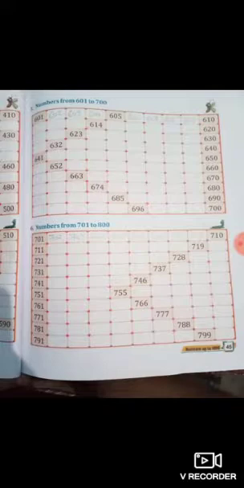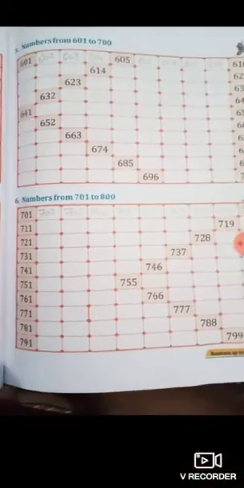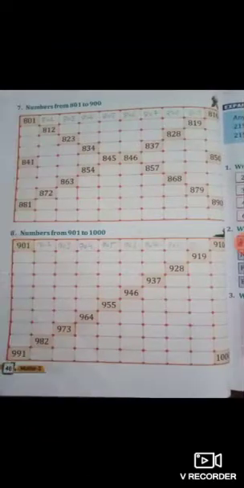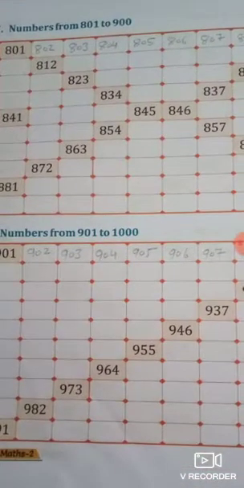Question number 6, numbers from 701 to 800. You can fill it very easily, so you will fill it yourself. And 7, numbers from 801 to 900. You can fill it very easily, so you will fill it yourself.